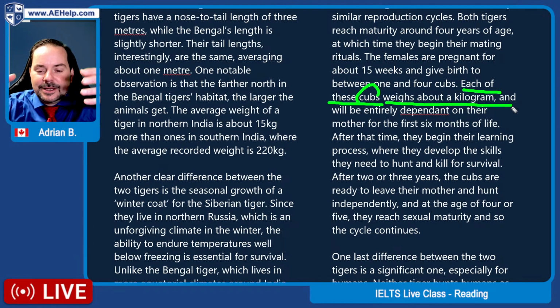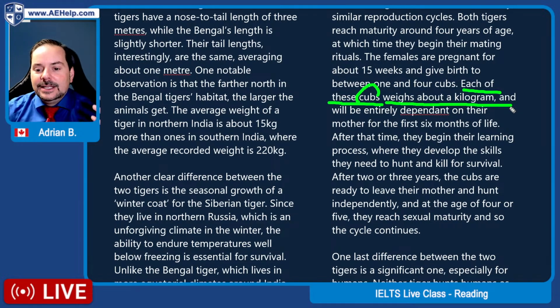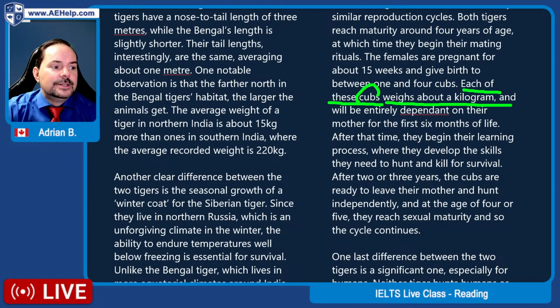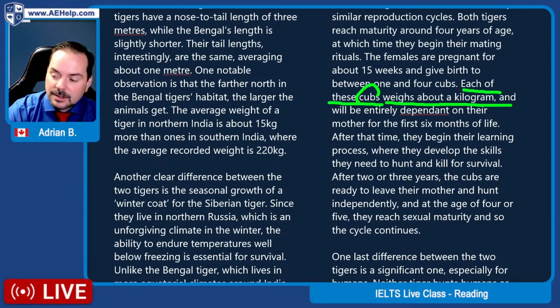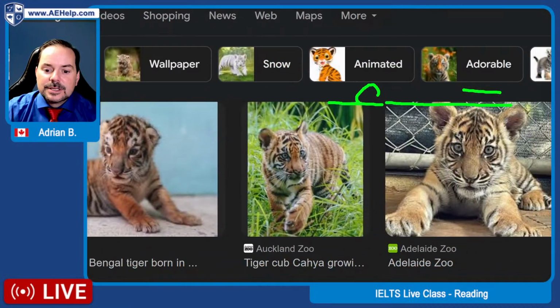It's like this big. Who visualized that little tiny tiger when you were reading this? Did everybody see that? You totally should have. You should have seen something like that.